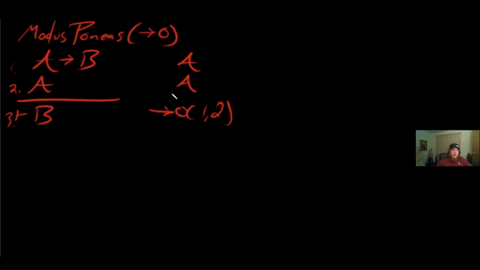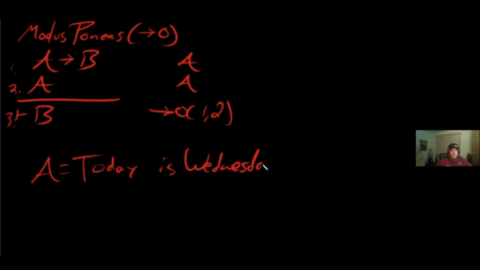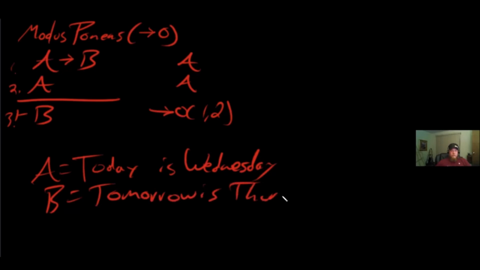And we can plug all kinds of values into A and B. So let's do some others. Let's say A stands for today is Wednesday. B stands for tomorrow is Thursday. So if we plugged in these values, here's what we've got.